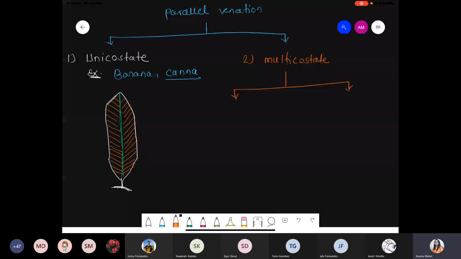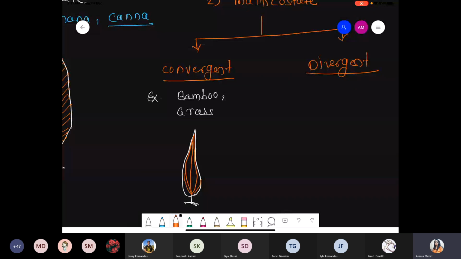They arise from here and meet at the second end. So simply they are showing one type of direction. There is no network, no complex structure. Simply they originate from one point and at the second end of that same leaf they get merged together. Convergent.